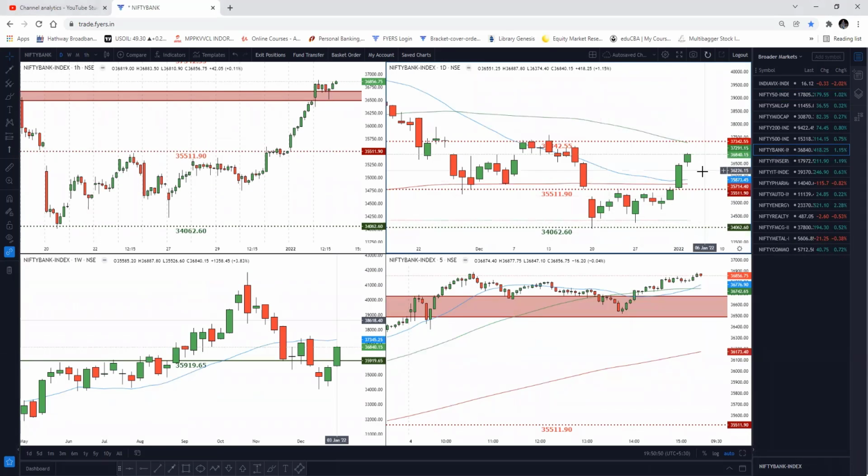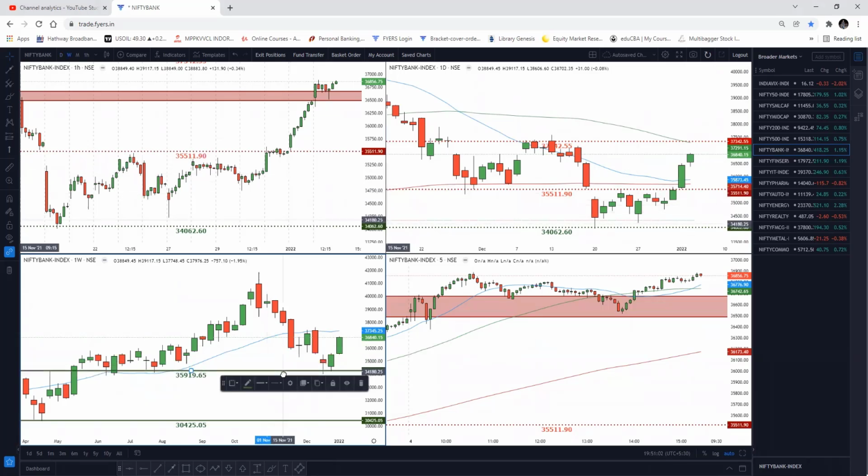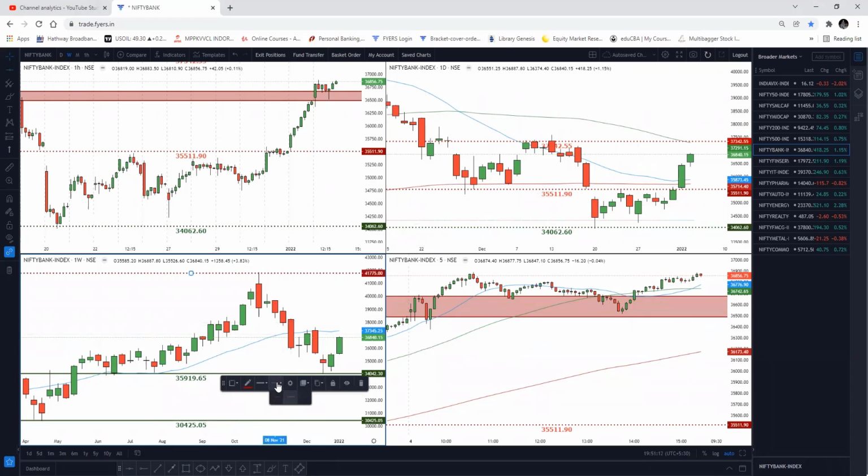Okay, so again, Bank Nifty has also cleared these immediate resistance levels. So let's just adjust a few support and resistance levels in the weekly time frame.